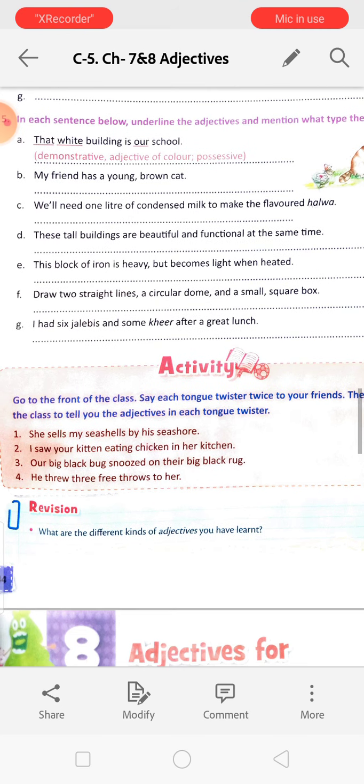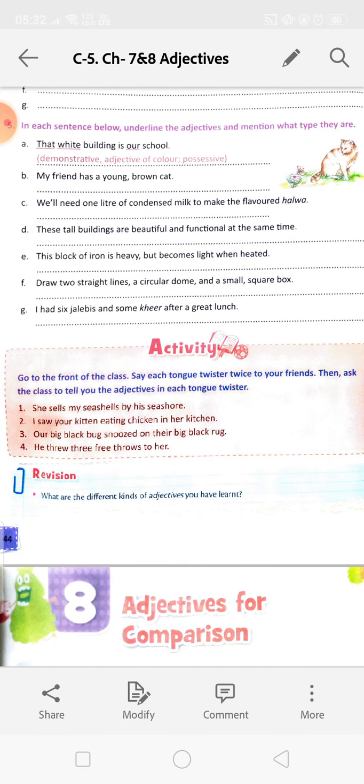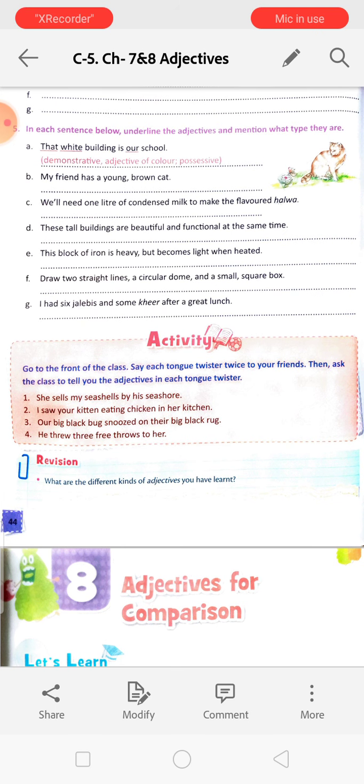In each sentence below, underline the adjectives and mention what type they are. See, that white building is our school. That is the demonstrative adjective, white is the adjective of color, and our is the possessive adjective. Next, my friend has a young brown cat.